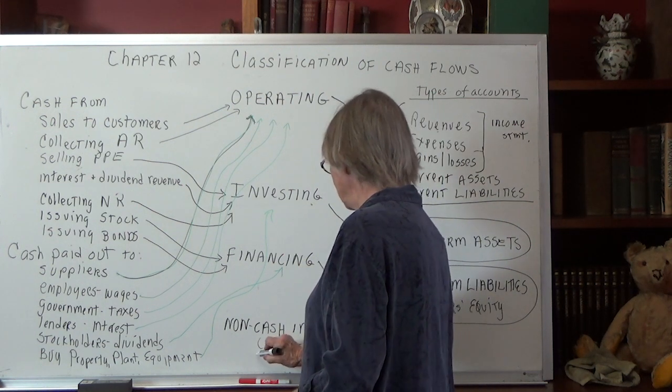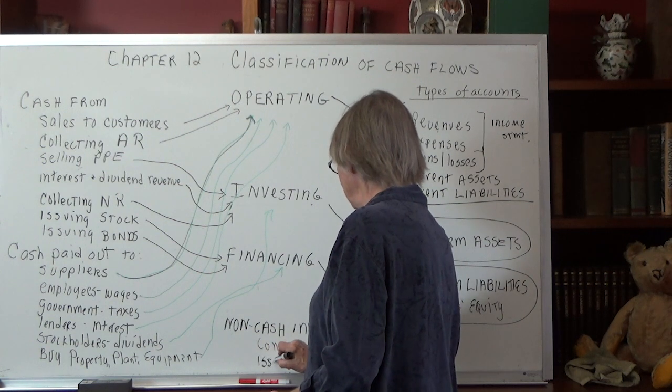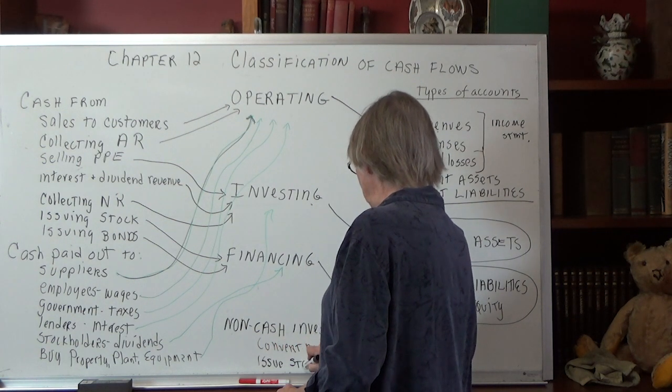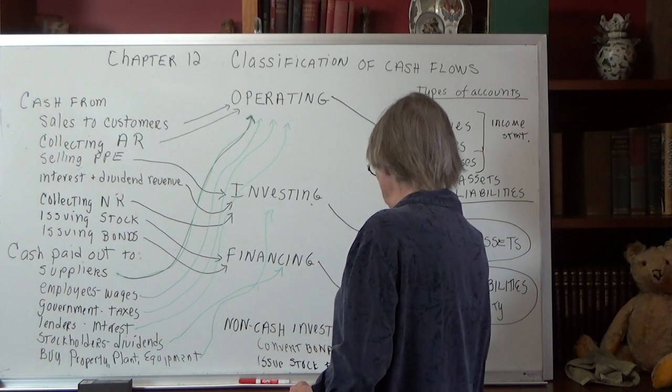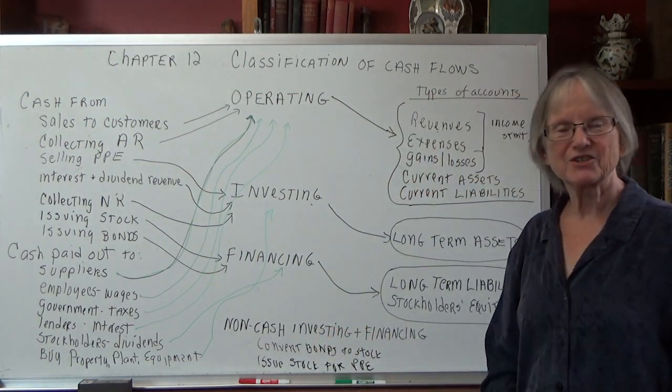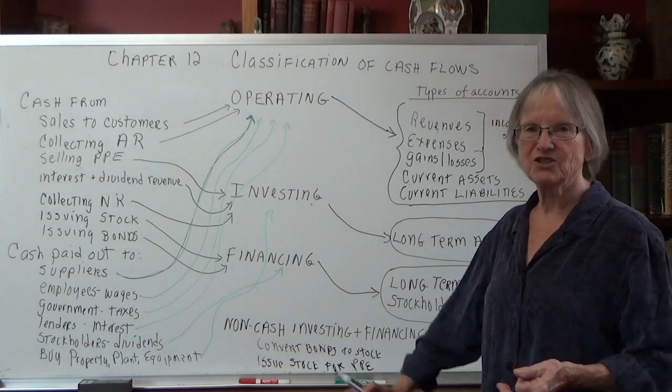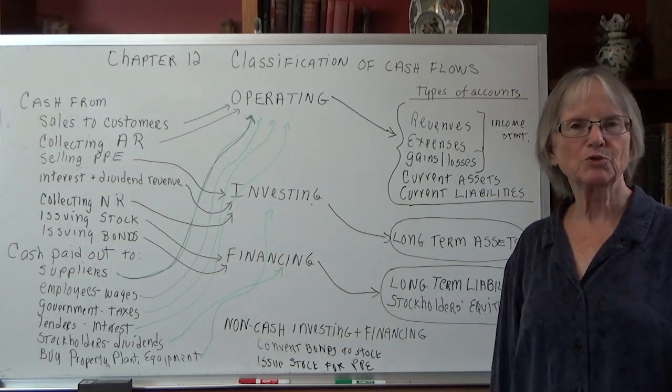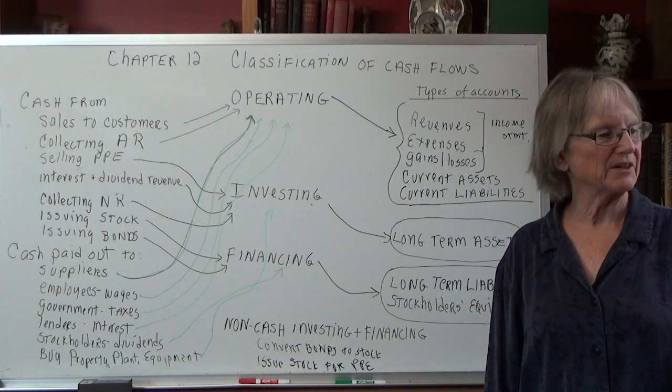We can issue stock or bonds to buy property, plant, and equipment. These don't involve cash. So those are your non-cash investing and financing. And when we do some examples, you'll see how they come in.